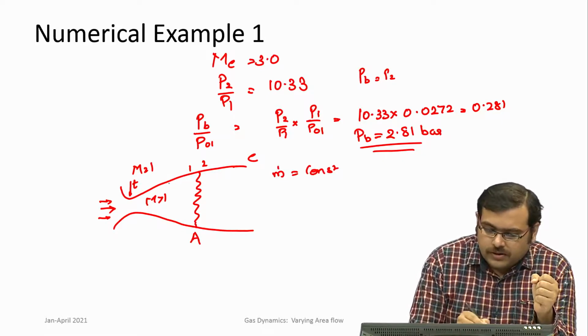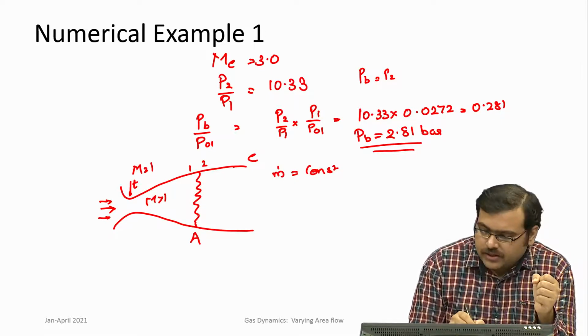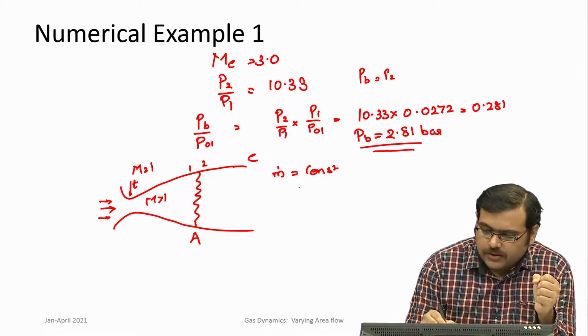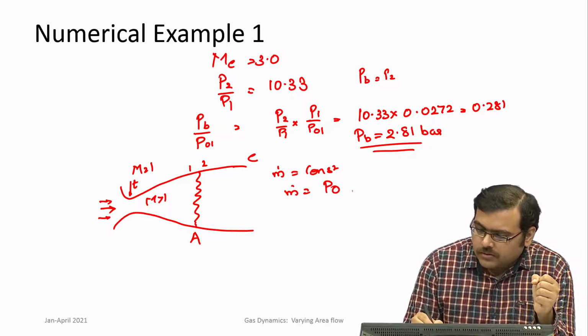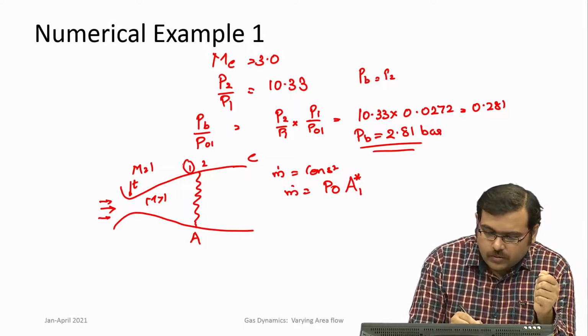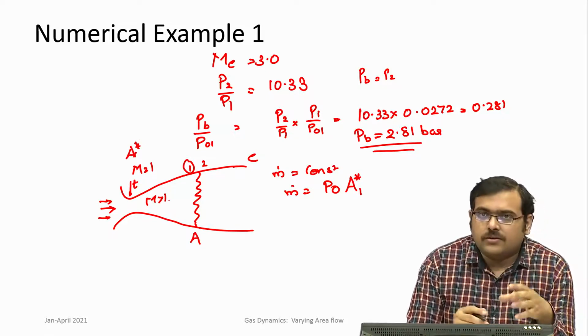So before the shock, as it goes through the throat, the m dot can be written as P0 multiplied by the throat area, that is if it is 1, it is A star. So for location 1, it is A1 star. A1 star is the same in an isentropic flow.